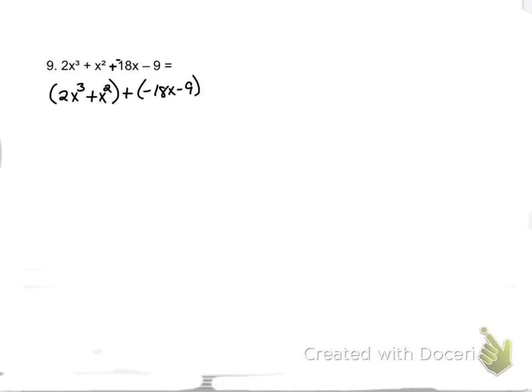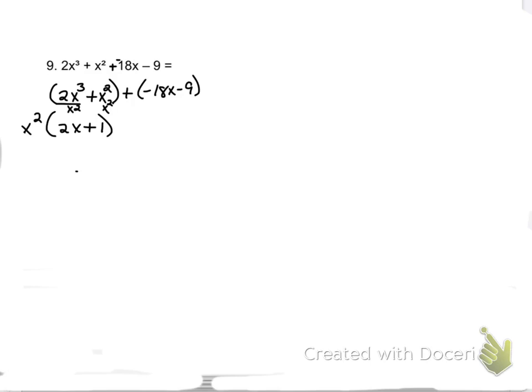Okay. Greatest common factor of the first group is just an x squared. Which leaves me, when I divide, 2x plus 1.